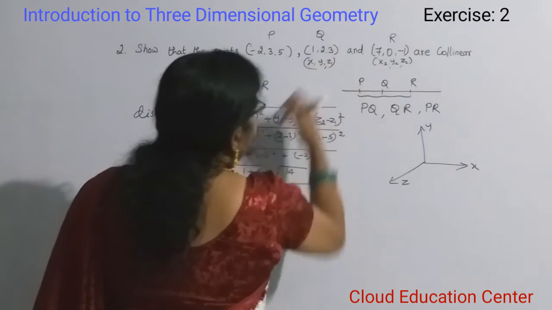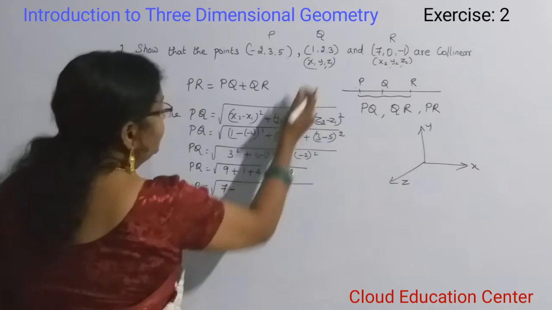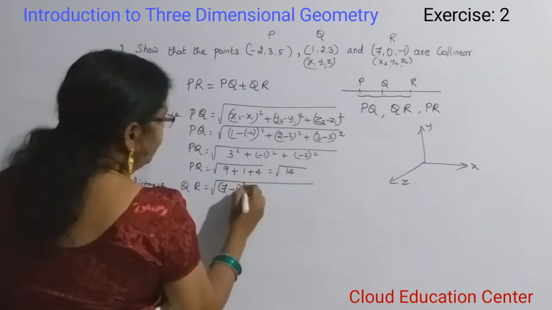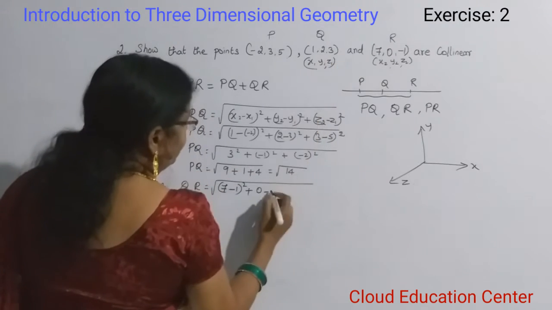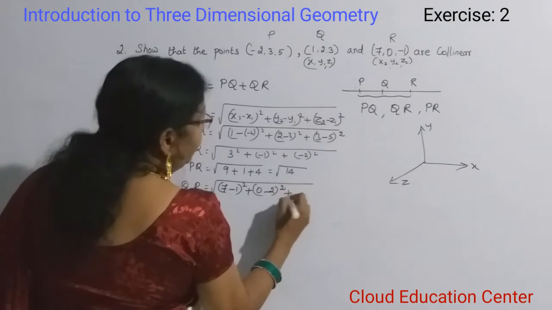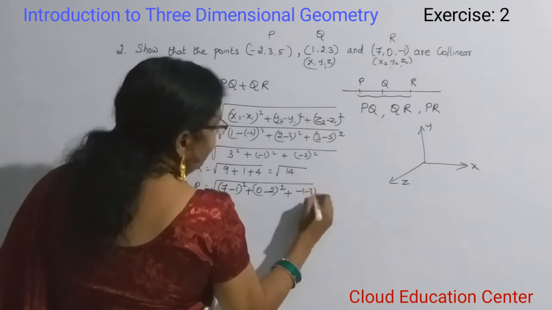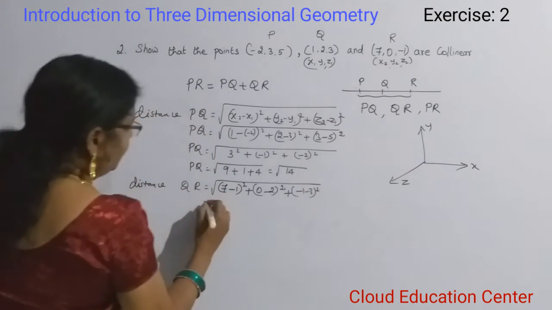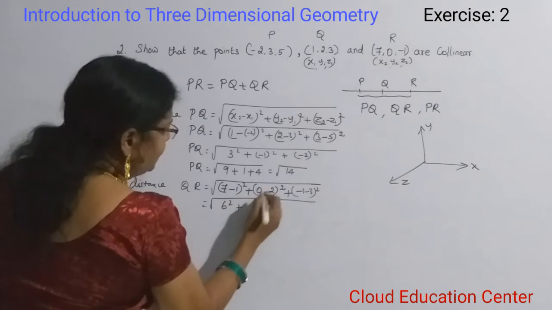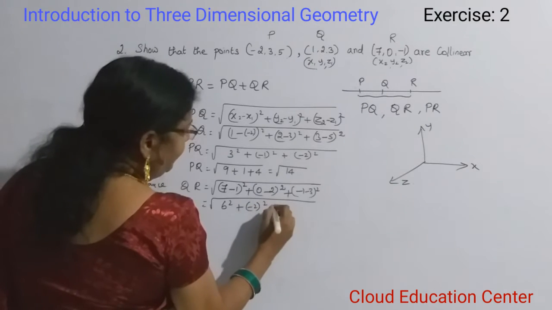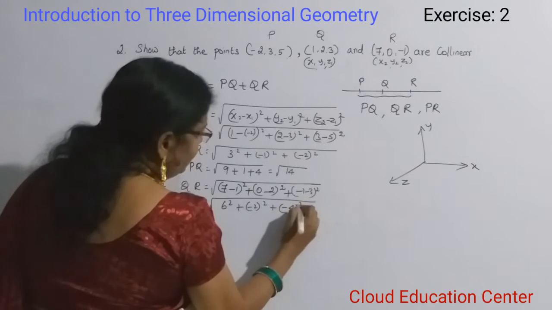So x2 is 7, minus x1 which is 1, the whole square, plus y2 which is 0 minus y1 which is 2 the whole square, plus z2 which is minus 1 minus minus 3 the whole square. Now square root of 7 minus 1 is 6 square, plus minus 2 the whole square, plus minus 1 and minus 3 have the same sign, so we add them to get minus 4 the whole square.